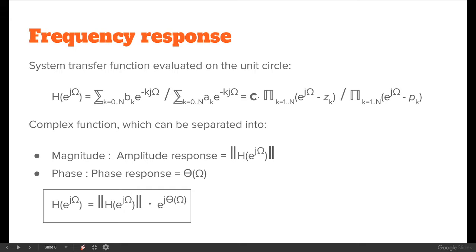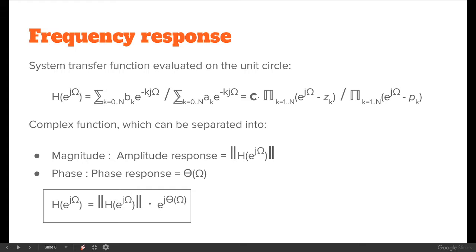It gives you a suggestion of what this frequency response could look like. So the frequency response goes to 0 when the frequency is the same as a zero on the unit circle, and then it has local maxima when the frequency is close to the angles of where the poles are.